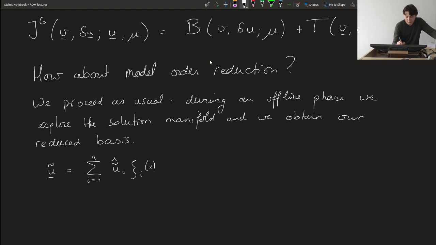And this basis function would still be a function of space, right? And this is a vector valued function because we're dealing with vectors. So this is our reduced basis, which we could obtain from POD or from greedy, it doesn't matter.